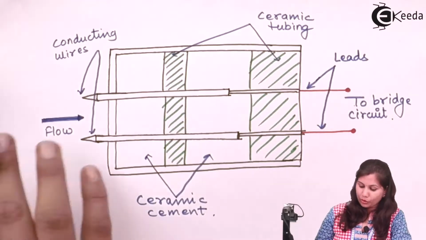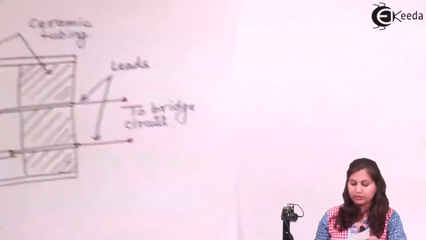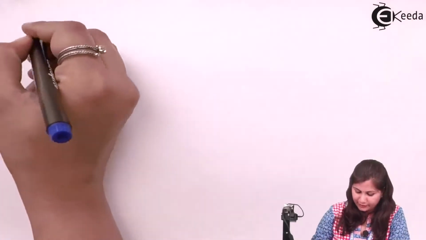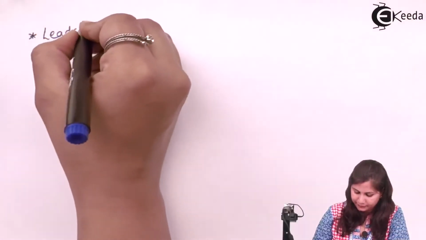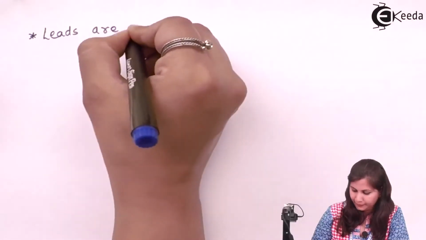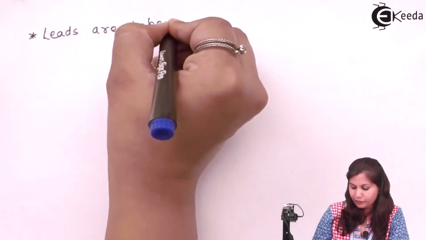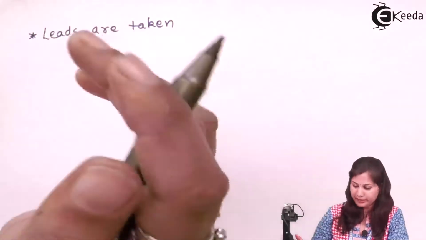So this was the construction and the main parts, in which we have the conducting wires and the leads, and these leads are taken from the conducting wires to the bridge circuit.